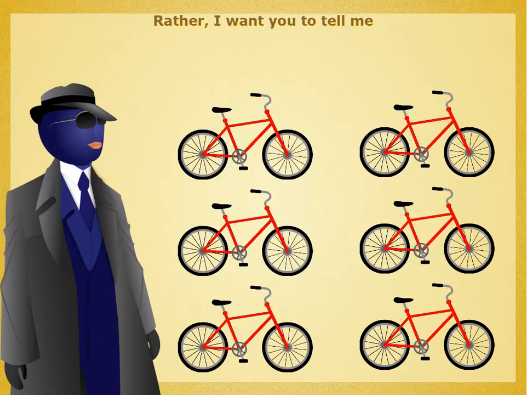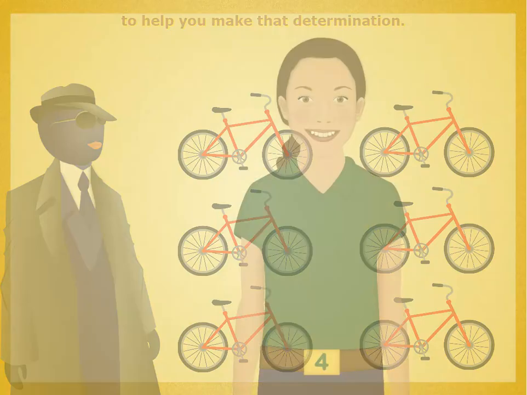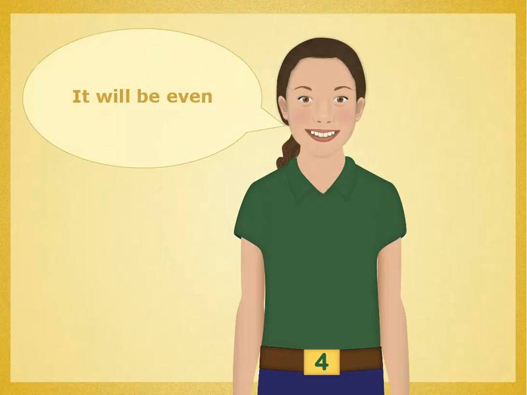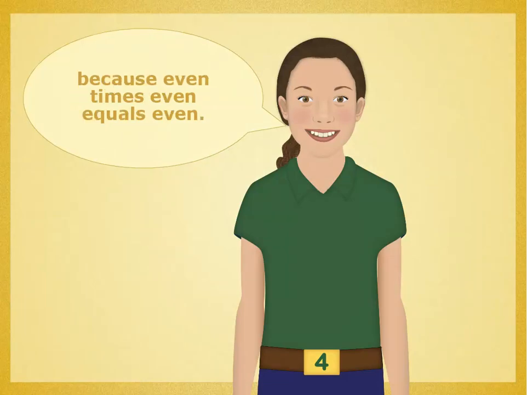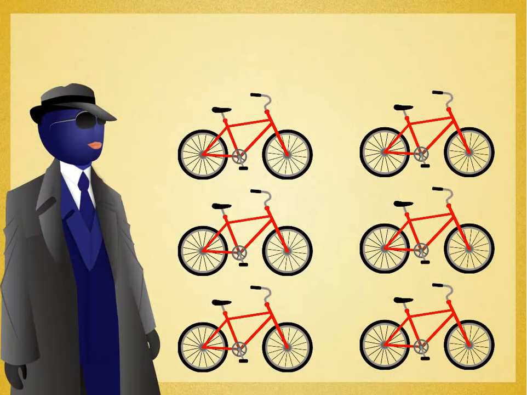Rather, I want you to tell me if the product of this operation will be odd or even, and which rule you used to help you make that determination. It will be even. Because even times even equals even. Exactly. Furthermore, I would like to point out that rules are made from things you notice.